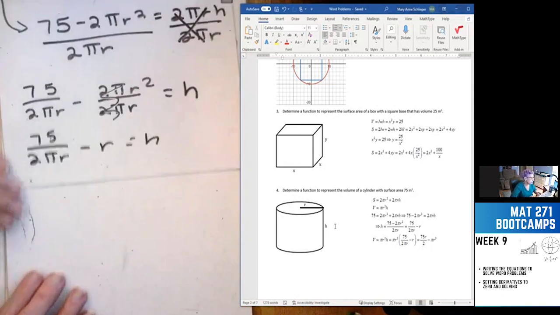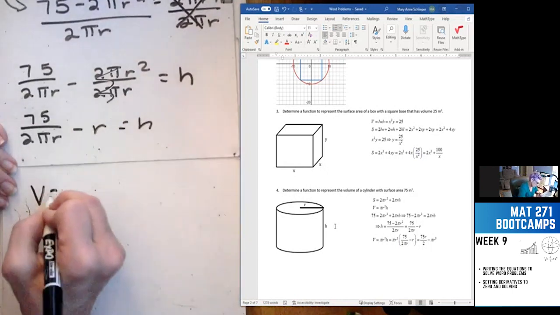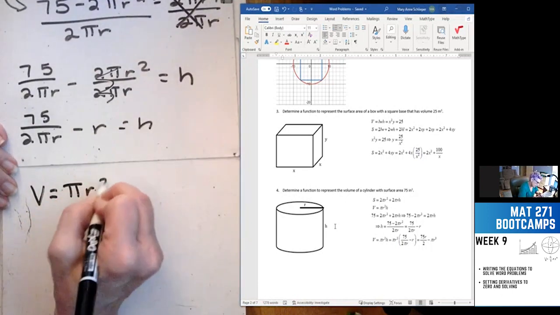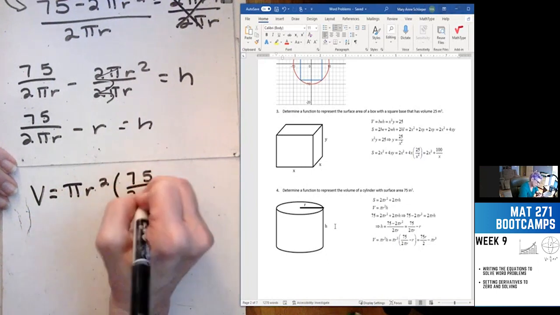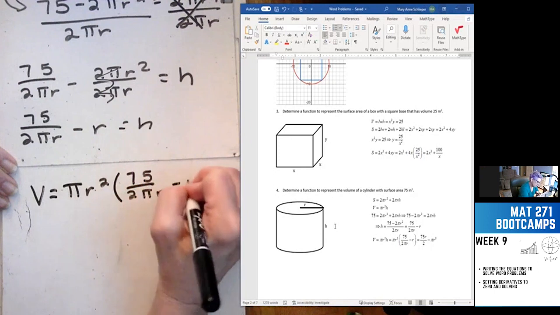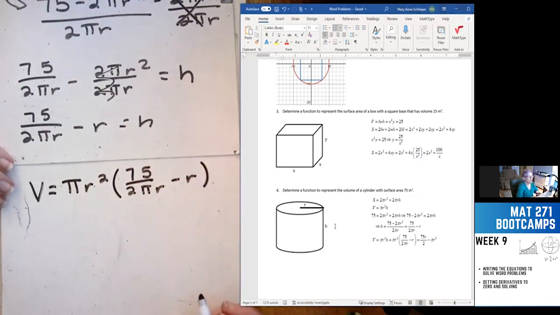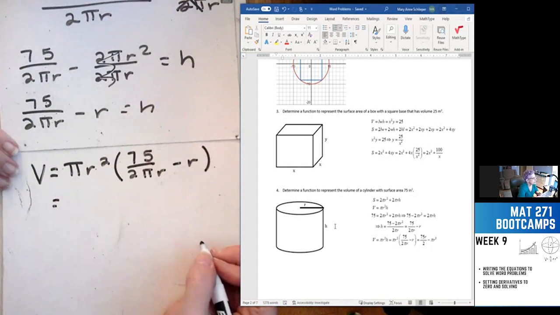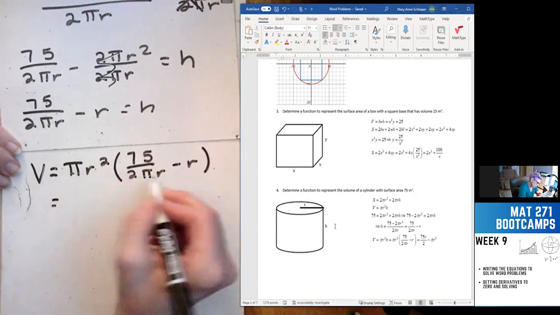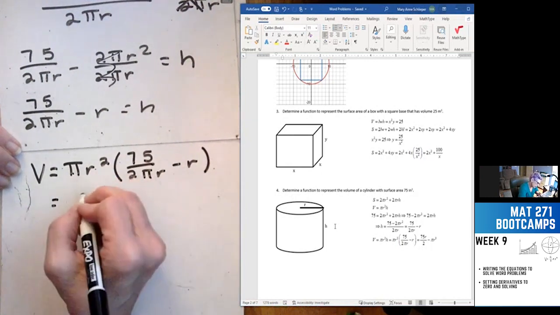So my volume is pi r squared times 75 over 2 pi r minus r. And I would want to distribute that and make it look a little nicer. So that pi cancels with that pi.